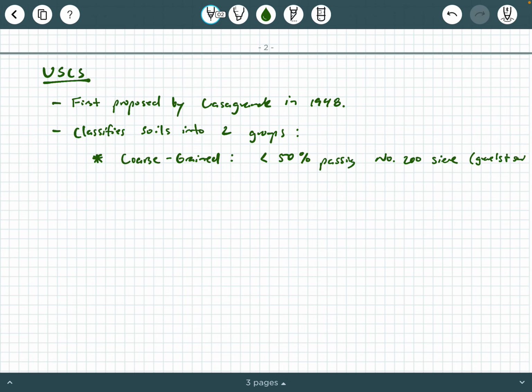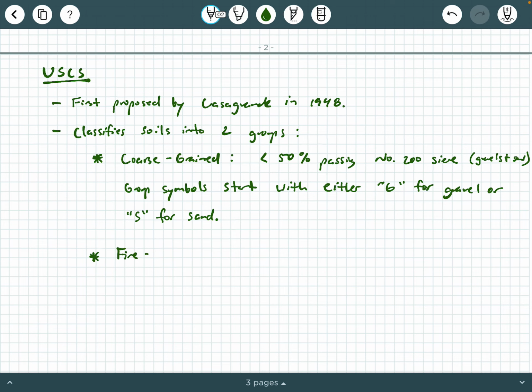For coarse grain soils, group symbols start with either G for gravel or S for sand, okay?